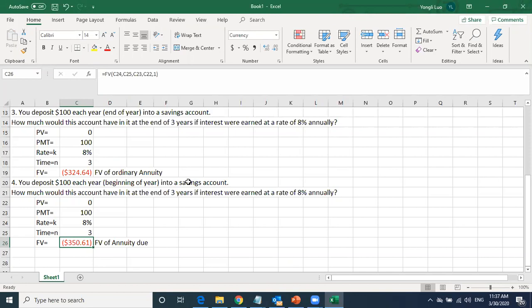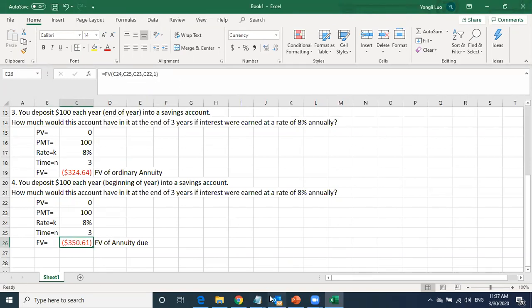That's very important. You can do a similar thing for the present value of an ordinary annuity and an annuity due. If they ask you for the present value of an annuity due, you need to choose comma 1 here.